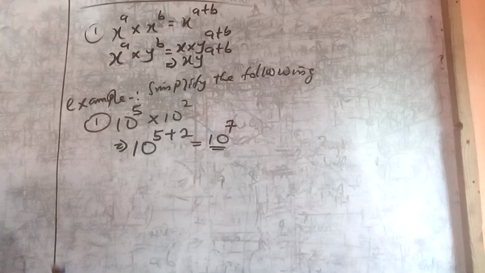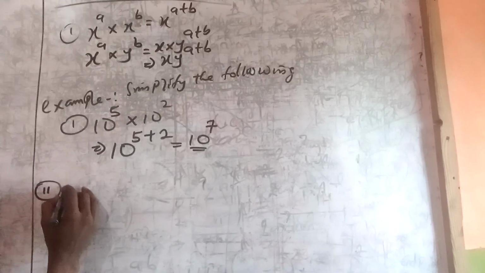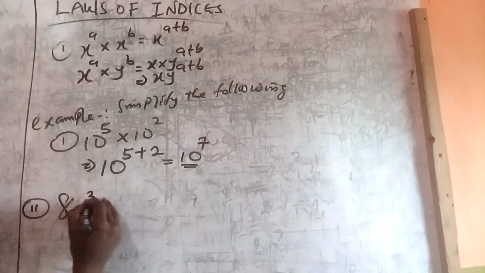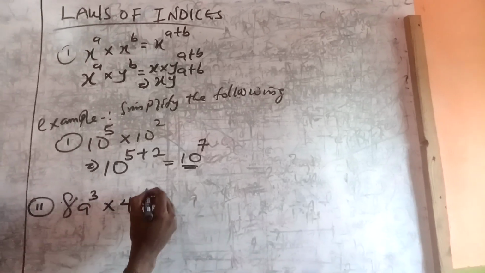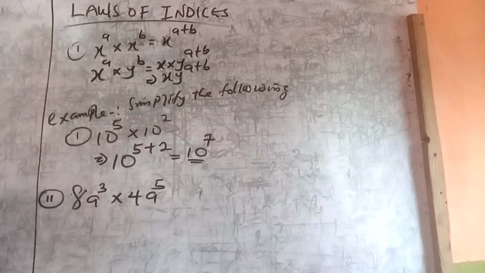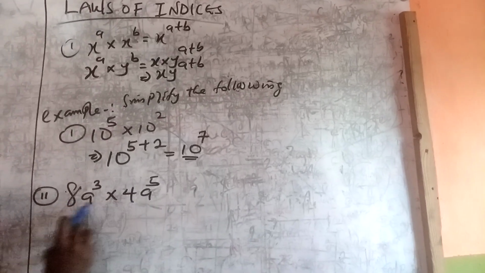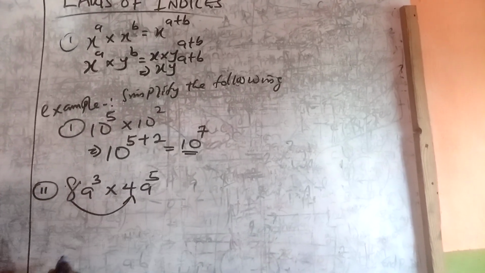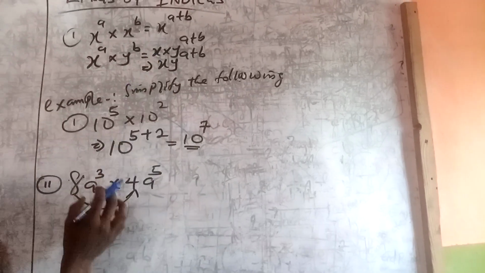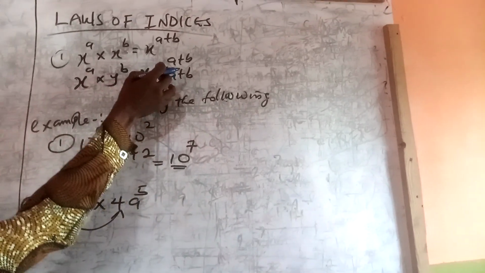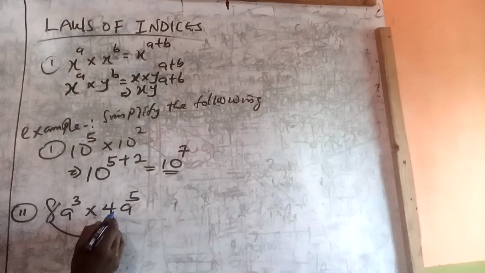So let's now look at the one that doesn't have the same base. Like we have 8a raised to power 3 times 4a raised to power 5. Now looking at this, it also follows the first law of indices. You see that they are not having the same base, this 8 and 4. So what does the law say when they are not having the same base? It means that you will multiply these 8 and 4 together.